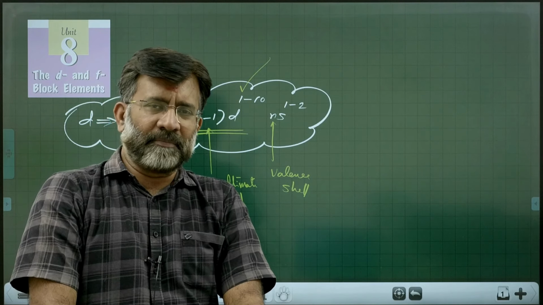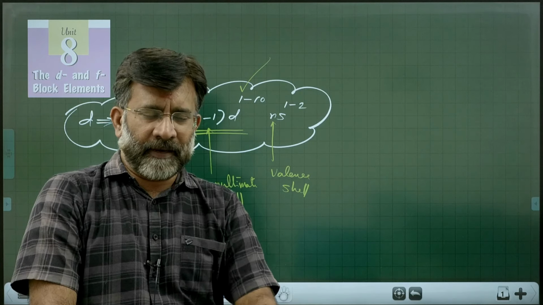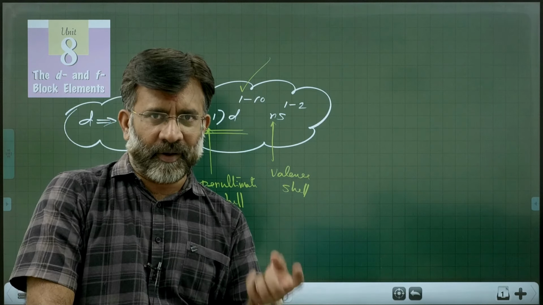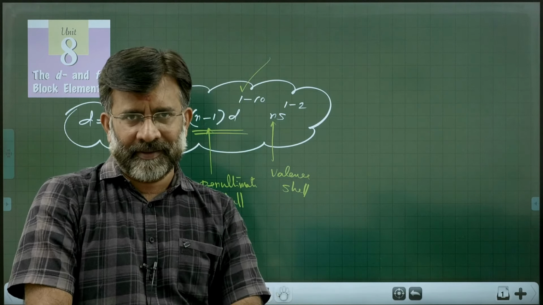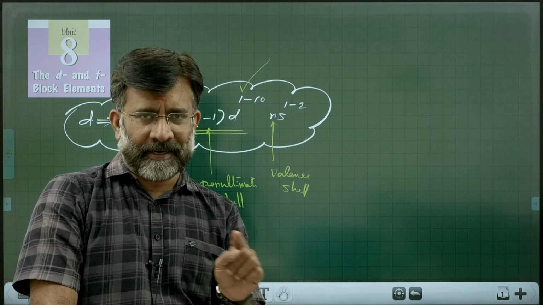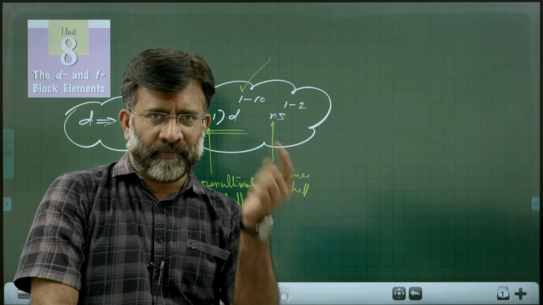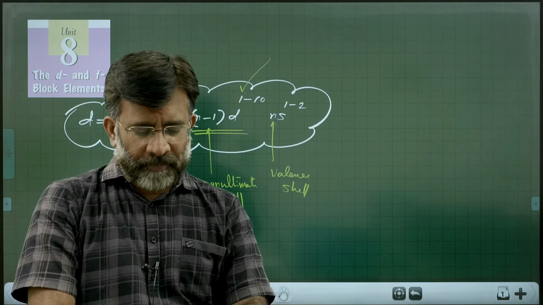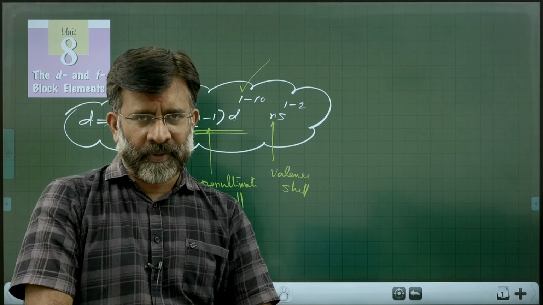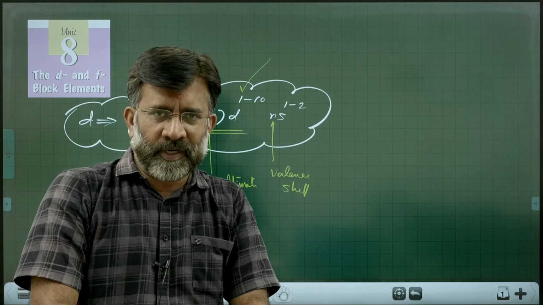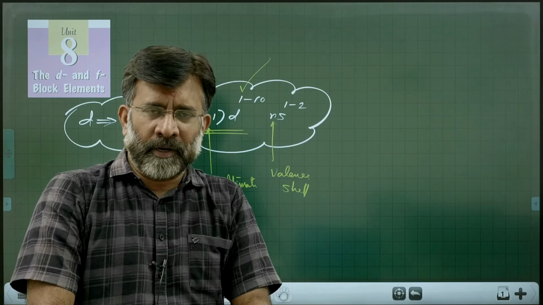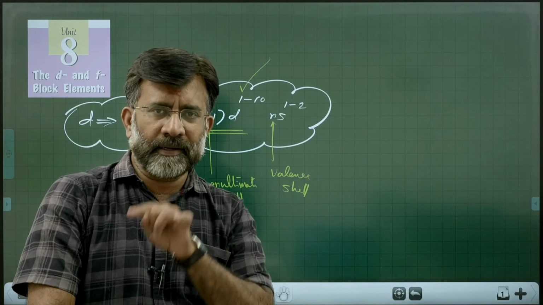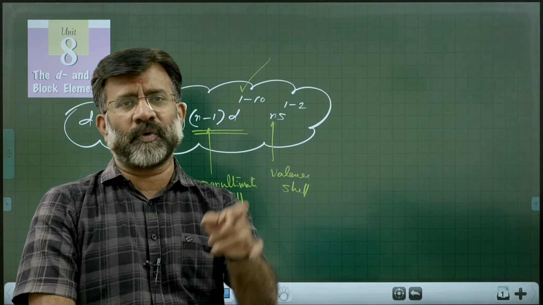Usually in S and P block elements, the last electron enters the S orbital of the valence shell for S block, and the P orbital of the valence shell for P block. While coming to D block elements, the last, differentiating electron enters the D orbital of the penultimate shell, N-1 D.